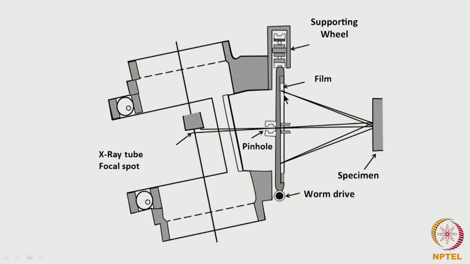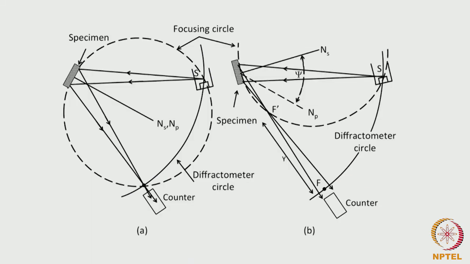And this shows the angular relationships between the specimen, the counter, the focusing circle, etc. in the two cases. Here in the diffractometer, this is the condition for normal incidence diffractometry, and this is for the inclined incidence diffractometry.